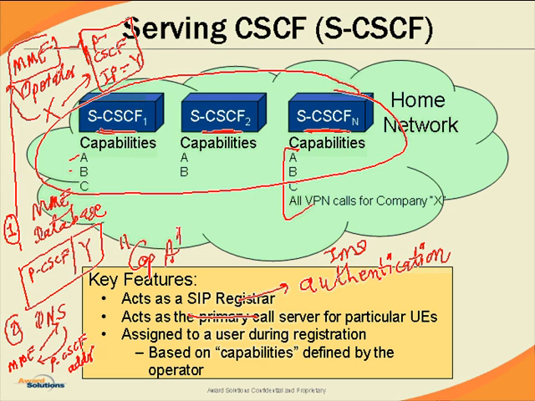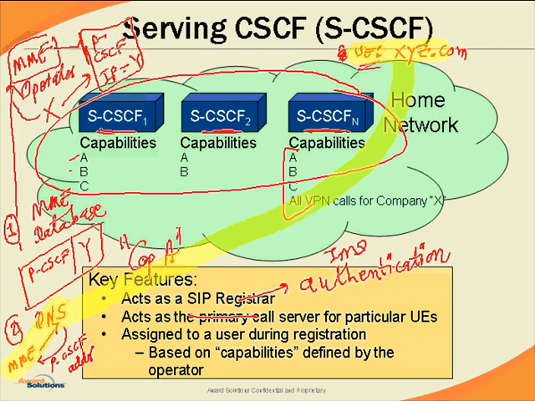Let's say the UE belongs to xyz.com. The MME can ask the DNS server that I want a proxy for xyz.com, and then the DNS can come back with the IP address of the proxy call session control function.